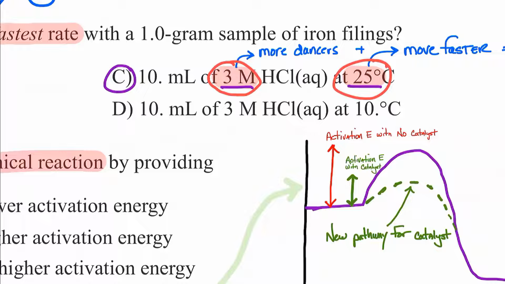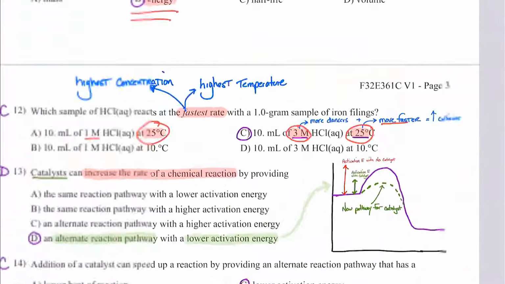The analogy I give in class, if there's more dancers on the dance floor, what are they going to do? Well, they're going to collide more often. And if they move faster, hey, higher temperature tells you there's a higher kinetic energy to move faster. There's going to be more collisions. More collisions lead to a greater and faster rate of reaction. So that's why that's C.